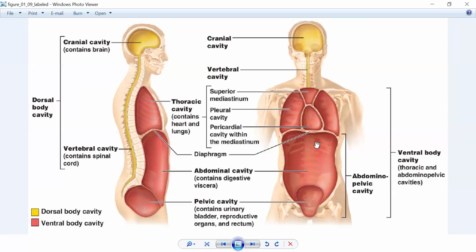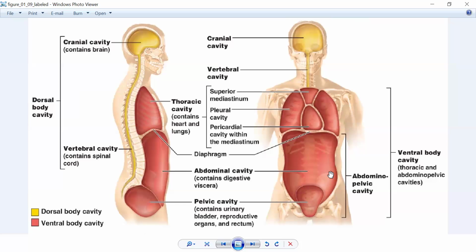The other cavity in the front that houses your digestive organs is called the abdominal cavity. And below that, the one that houses your reproductive, or you could say excretory organs, is called the pelvic cavity. Oftentimes, they refer to both the abdominal and pelvic cavity as one, the abdominal pelvic cavity.